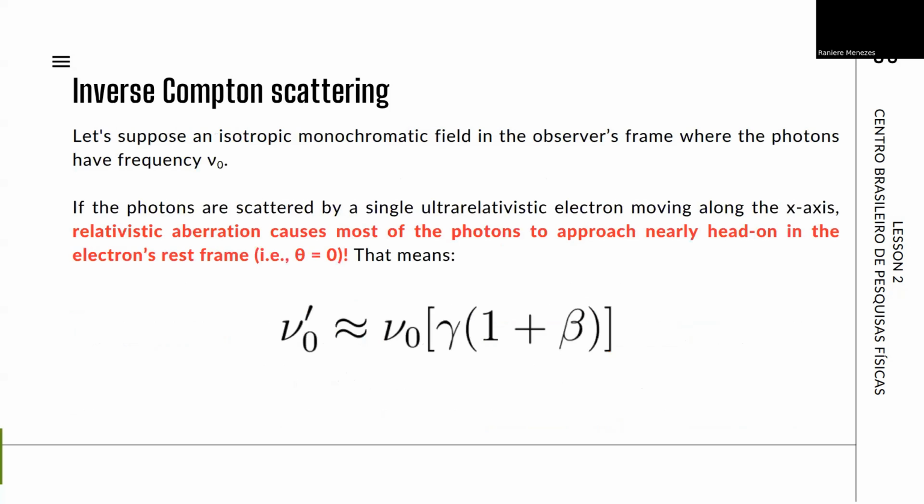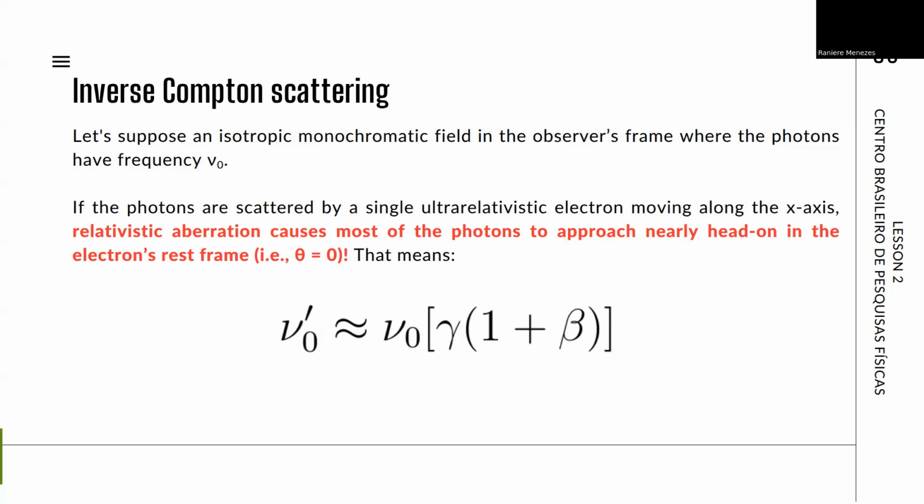It's exactly what I do in this slide. Imagine this scenario. You have an isotropic distribution of photons in the observer's frame. If there is a relativistic electron crossing this field of isotropic photons, how does this electron see these photons? Will it see these photons isotropically?